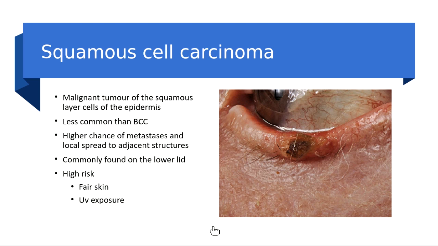So here we see a very darkened area. What would trigger me into thinking that this is a squamous cell carcinoma? The edges don't look as rolled as the other one.